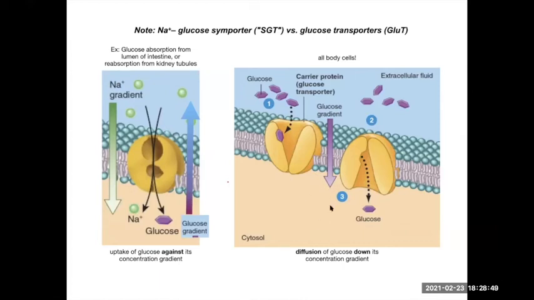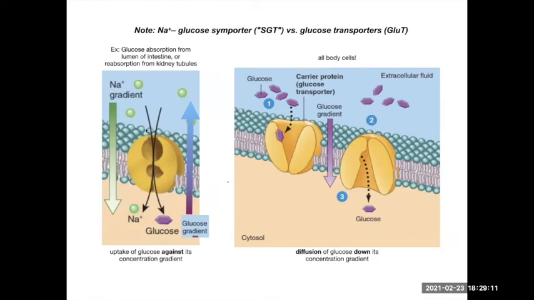This is what's happening in most of your cells. Most of the time, it's not an issue where you have more glucose in here than out here, right? Usually the cell uses up all the glucose, bringing it in as fast as it can, so it's going down its concentration gradient.